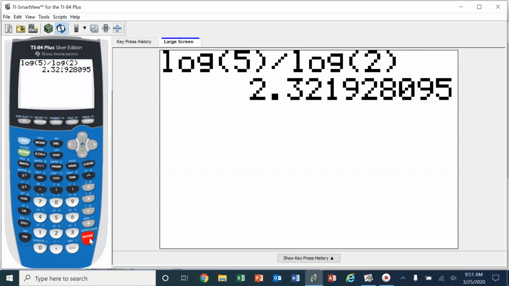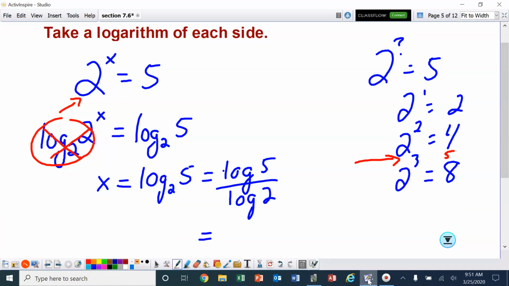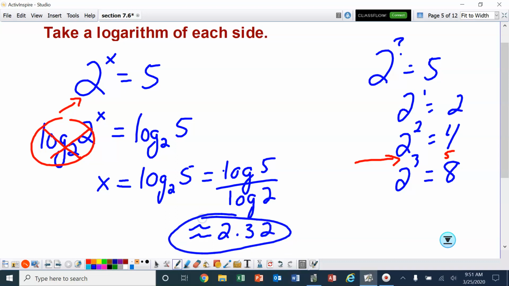And yes, it's a decimal between 2 and 3, and it's 2.3219, etc. We're going to round to the 100th place, so I'm going to round 2 decimal places. And when we round, we should probably use the wavy equal sign. So approximately 2.32.